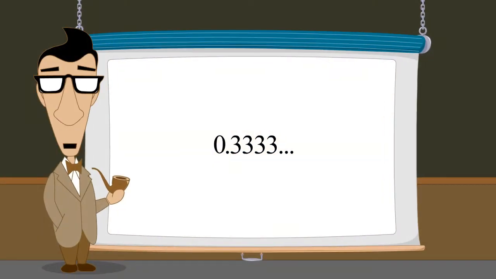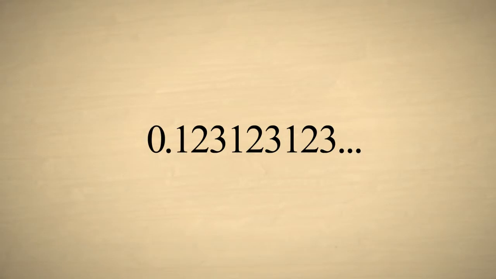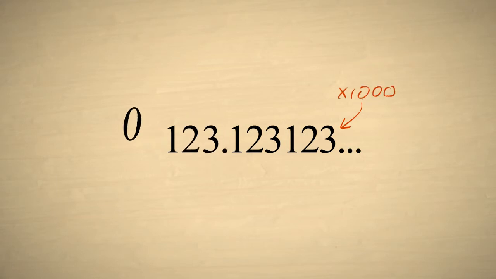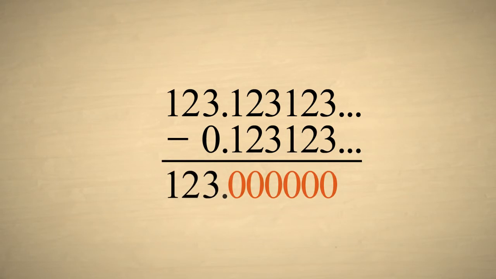Now, instead of a single repeating digit, let's convert a decimal number with a repeating sequence of 3 digits. Since there are 3 repeating digits to eliminate, we must shift the number 3 columns to the left by multiplying it by 10 3 times. This, of course, is the same as multiplying by 1,000. We then subtract our original number, which eliminates the repeating digits.